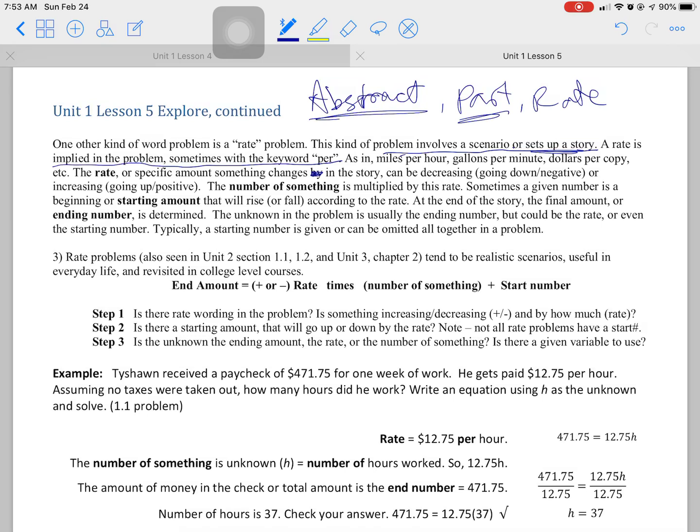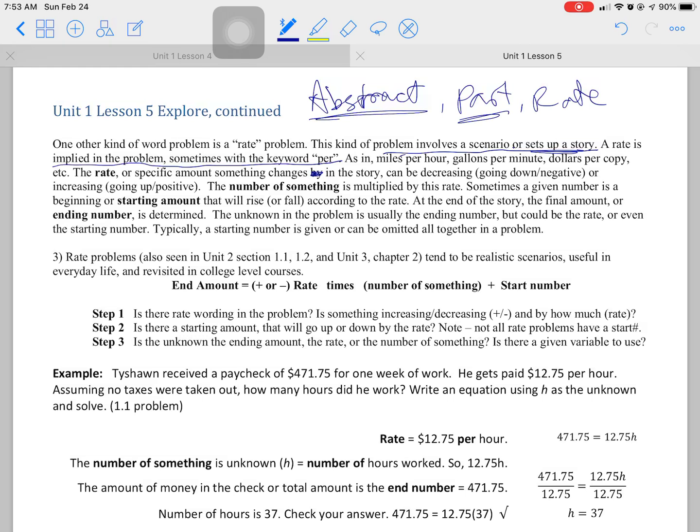It can be decreasing, going down, or negative. It can be increasing, positive, going up. It's the number of something multiplied by this rate. Number of copies, number of minutes in a taxi ride, number of something is multiplied by this rate. Okay, it's so much per hour, that kind of thing.